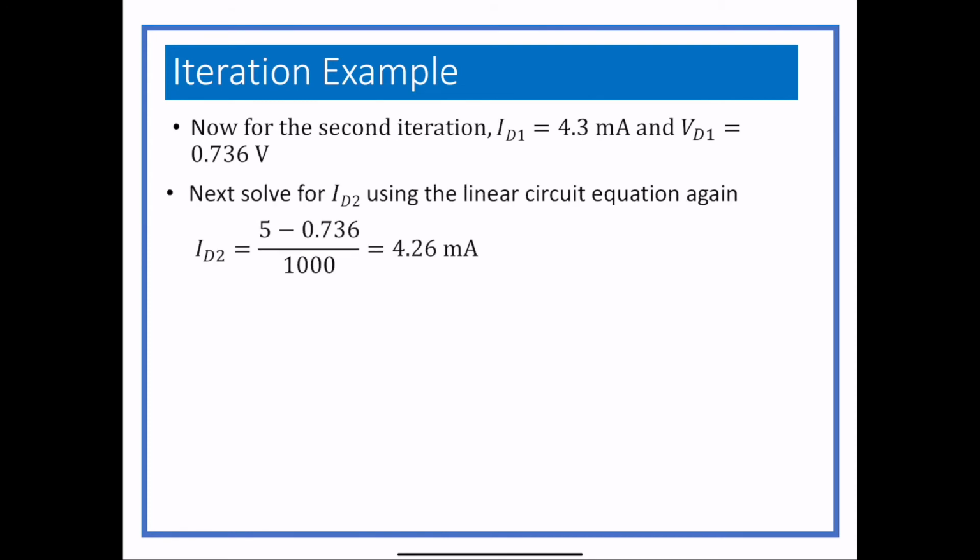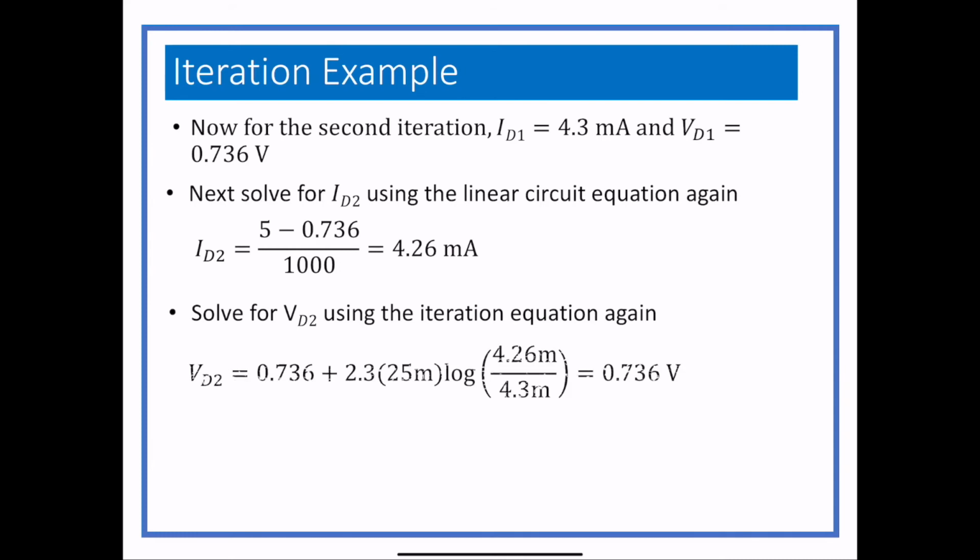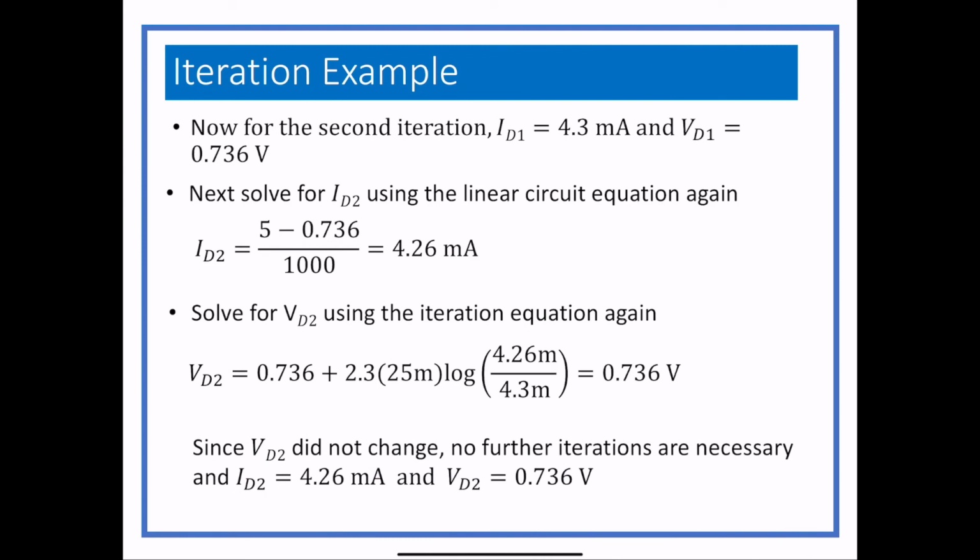So we take 5 minus 0.736, divide by 1,000, we get 4.26 milliamps, pretty close to 4.3. And now we do the iteration equation again to get a second value for VD2. And when we do that, we actually end up with the same value. So because the second voltage didn't change, we don't need to do any more iterations. We're close enough that we don't need to really worry about doing any more.